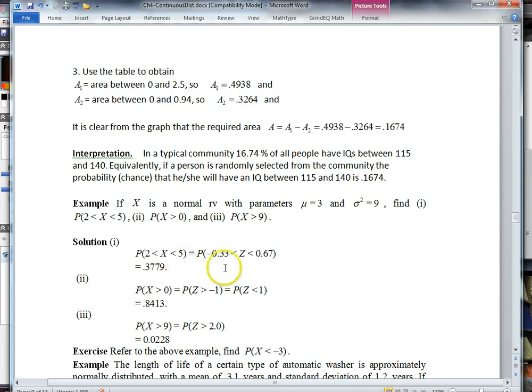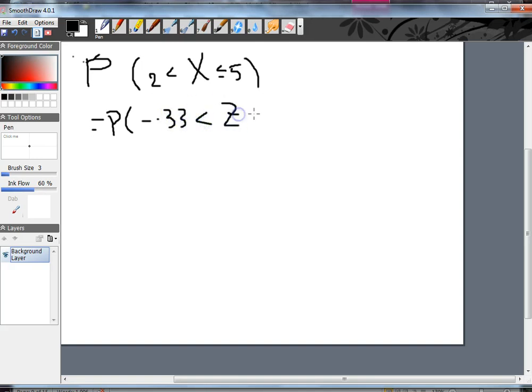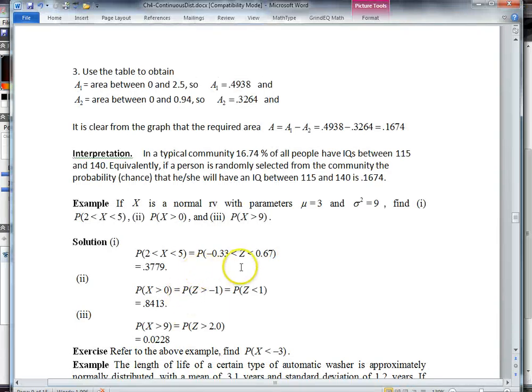So we're looking for P of x between 2 and 5, and we said this is going to be equal to P. We found the z-score of 2, which is negative 0.33 less than z, and less or equal 0.67. Let me just go back and check. Yes, 0.67, correct.